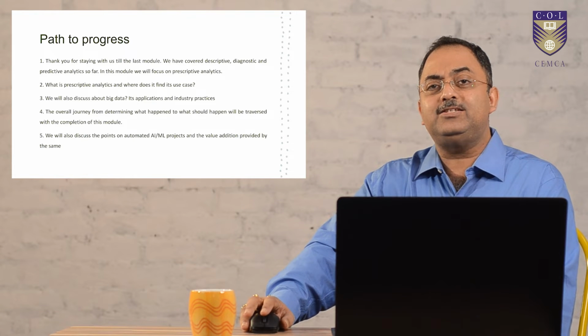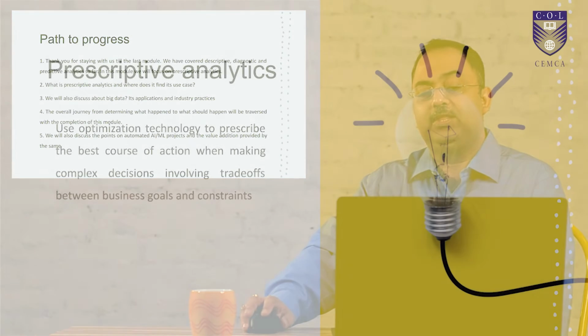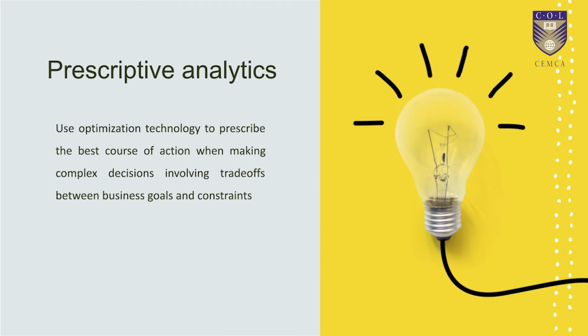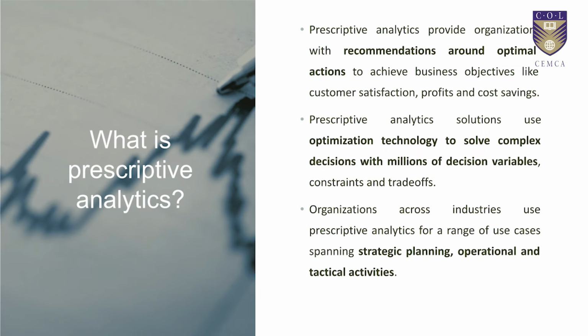So I think in its simplest terms, prescriptive analytics is nothing but using optimization technology to prescribe the best course of action that can be recommended to your clients to be implemented on the field in terms of strategizing their business.